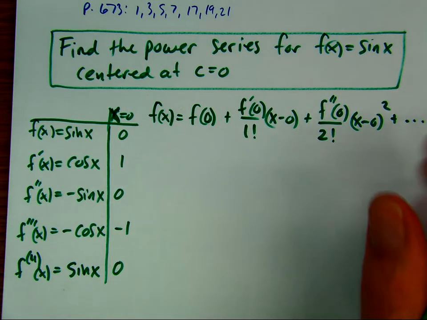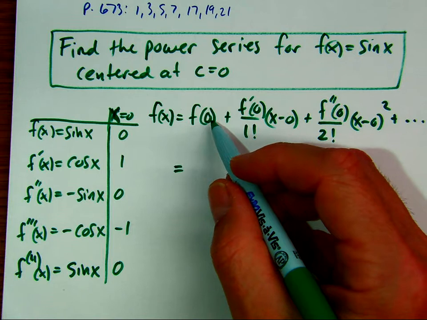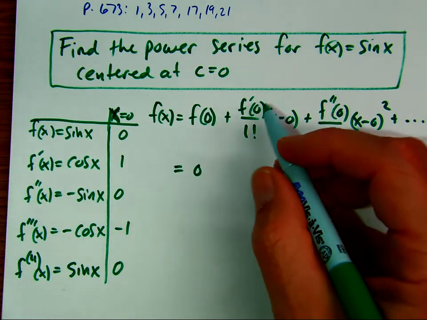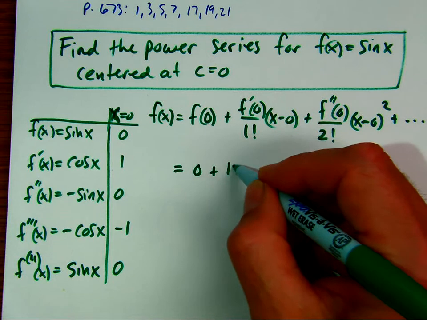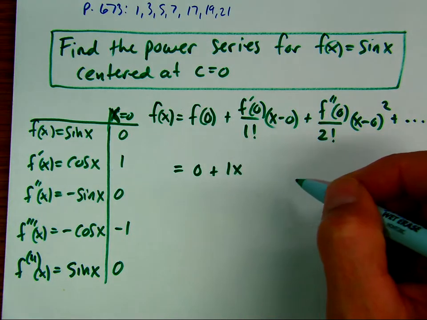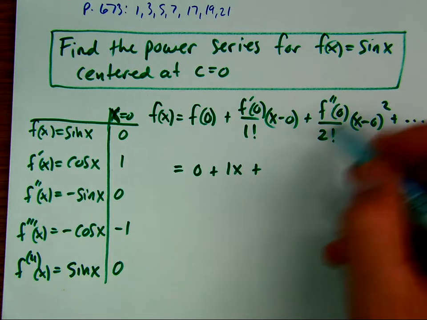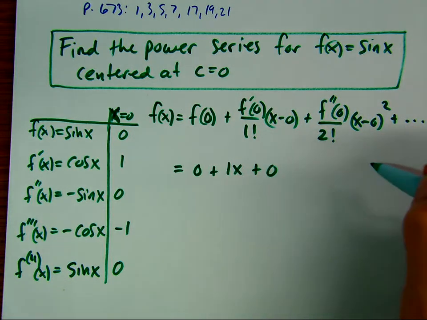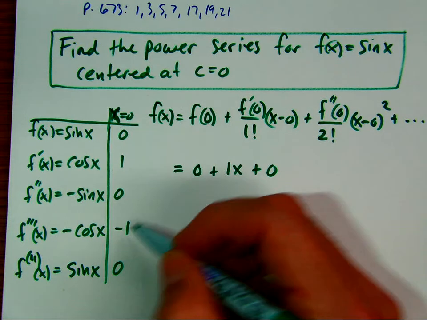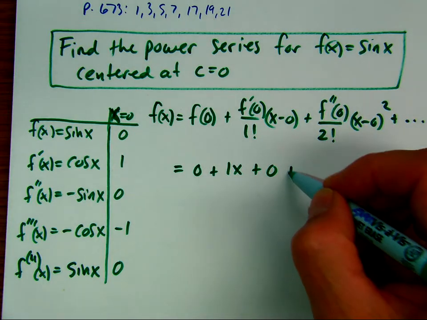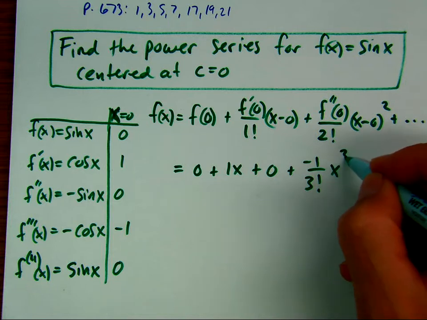And we'll substitute that into these. So f of 0 is 0. F prime is 1. So we'll get a 1x. The second derivative is 0, so that's all 0. And then the next one was f triple prime is negative 1, so we'll have a negative 1 over 3 factorial x cubed.